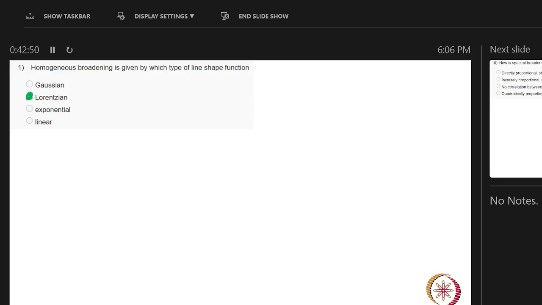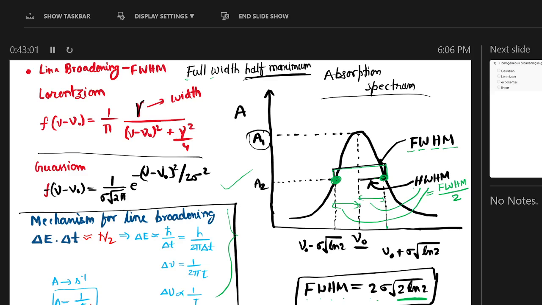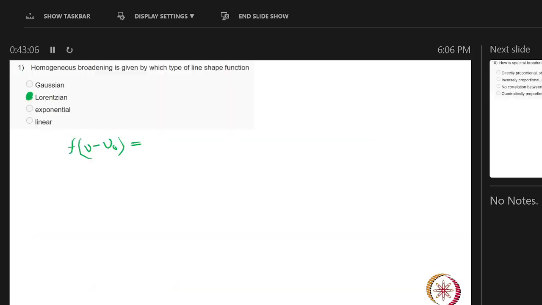It's a direct question. That was given by f of nu minus nu naught equal to, I forgot the equation, I will check. Yeah, 1 by pi gamma over nu minus nu naught squared plus gamma squared by 4. Yeah, correct. This is the Lorentzian line shape function.